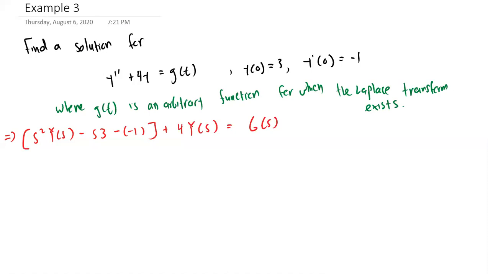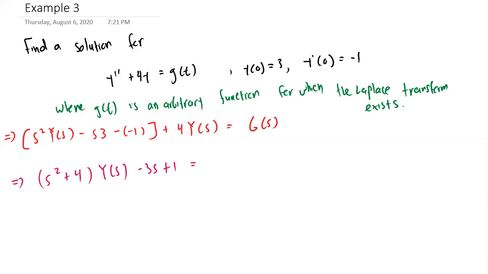Okay. Now, as always, let's just solve for big Y of s. So let's see. We have s squared plus 4, big Y of s. And then what do we have left over? Minus 3s plus 1.